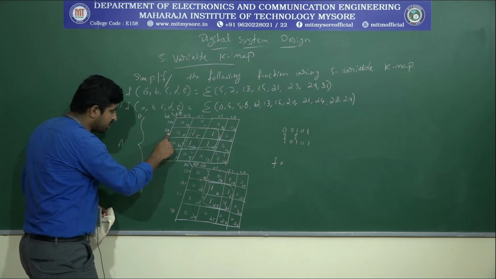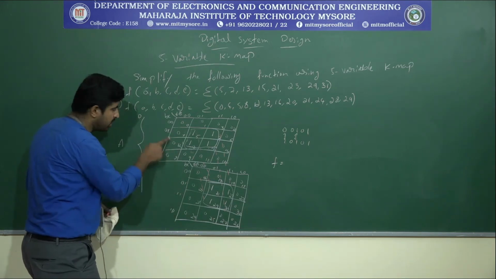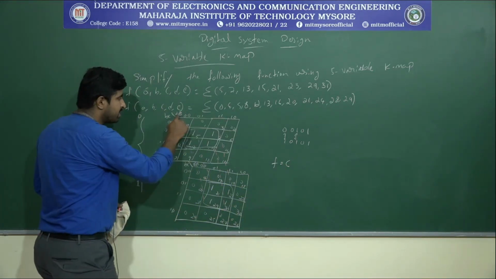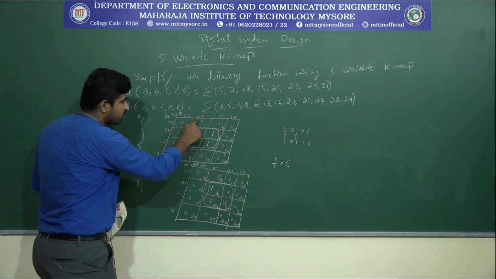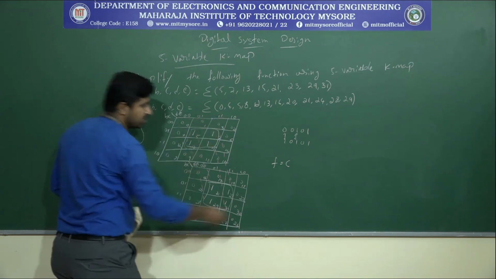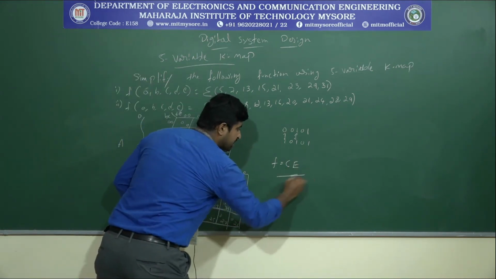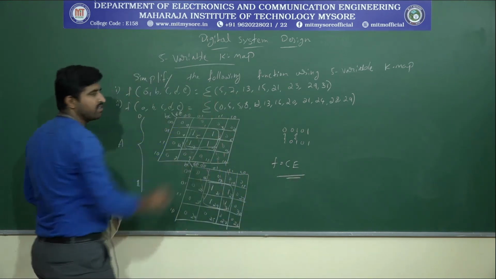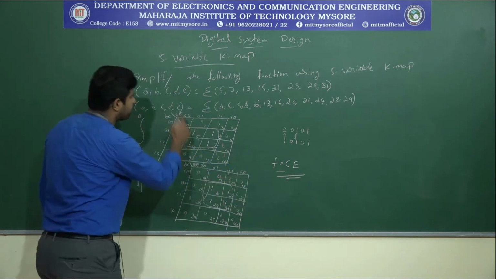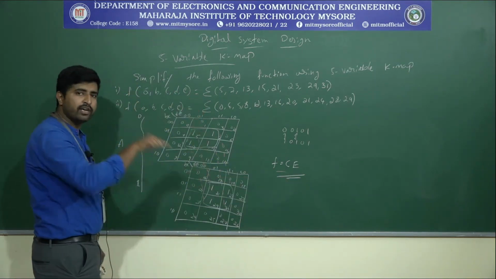Remaining is C, which is 1 in both, so we get C. Looking at the DE values, 0 1 1 1, D has made a changeover, so remaining is E. So the simplified expression for the given Boolean function will be CE. For the same example, I will write a folded version.